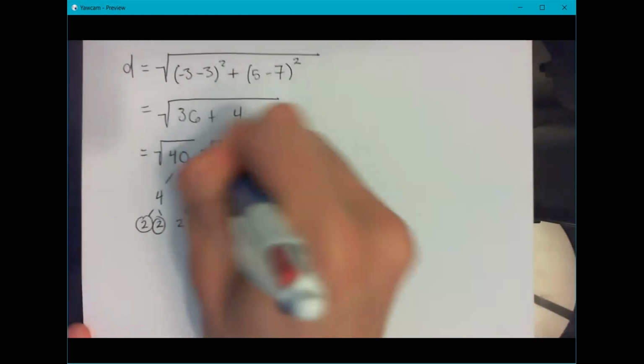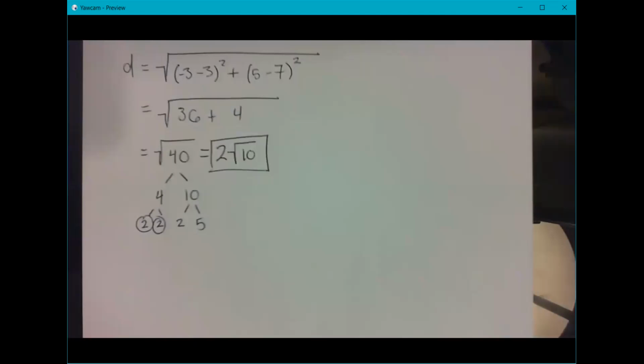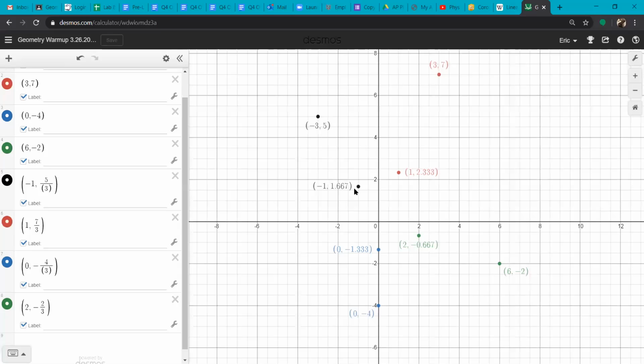Okay, and now we're going to do the exact same thing, but for our reduced coordinates. For our reduced coordinates, we are going to do the distance formula from here to here. So it'll be from -1 and 5/3 to 1 and 7/3. So here's what that looks like inside of our setup.